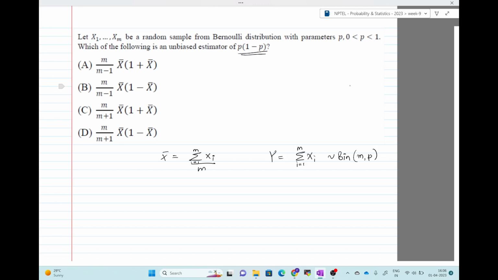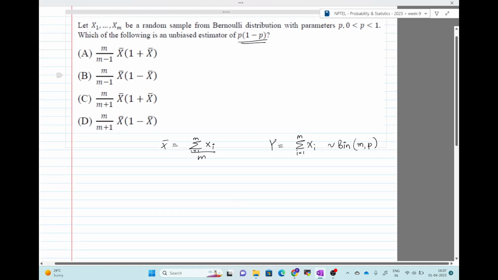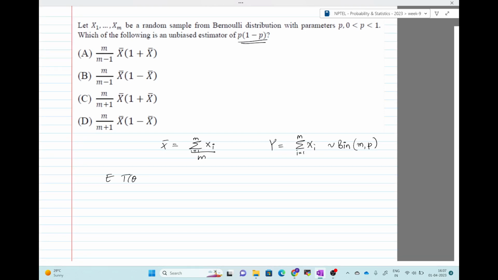So for it to be an unbiased estimator, if T(theta) is an unbiased estimator of theta, then the expected value of T(theta) should be equal to theta.